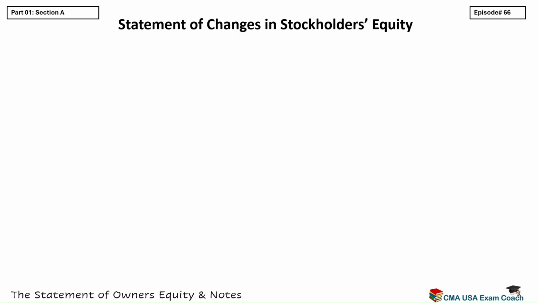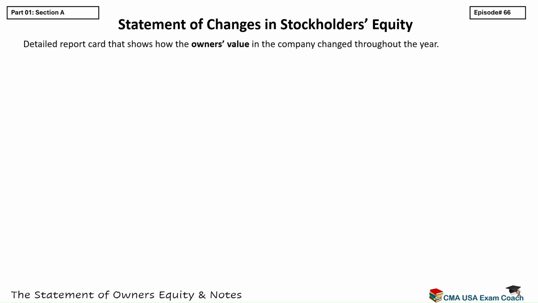The statement of changes in stockholders' equity is like a detailed report card that shows how the owner's value in the company changed throughout the year. Remember, equity belongs to the owners, so this statement helps us see what increased their share and what reduced it.